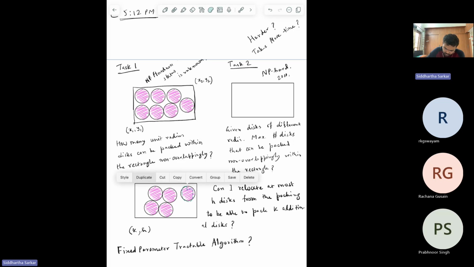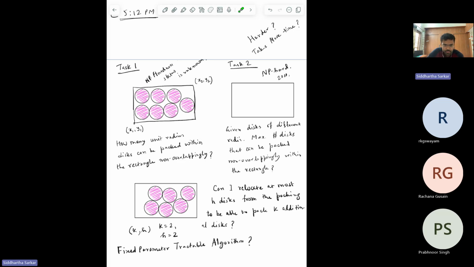You saw that there are 6 disks within this rectangle, and let us say k is 2 and h is also 2. So the question is, can I move around only 2 disks to make space?